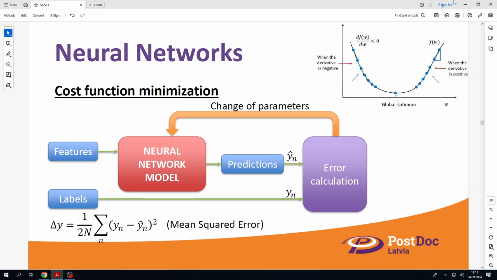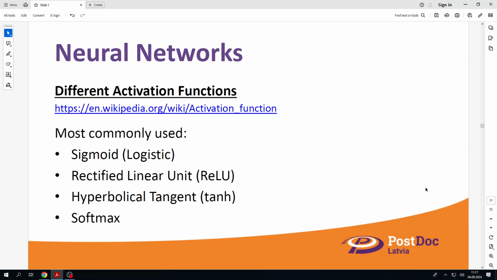Now, how exactly it works and what the role of the derivative is in this entire process we'll speak about in our future lectures when we discuss the gradient descent method. But right now this is just an introductory part, so we'll skip that.